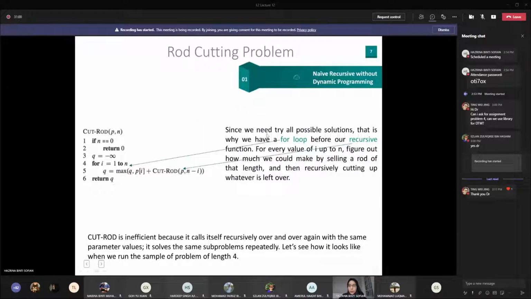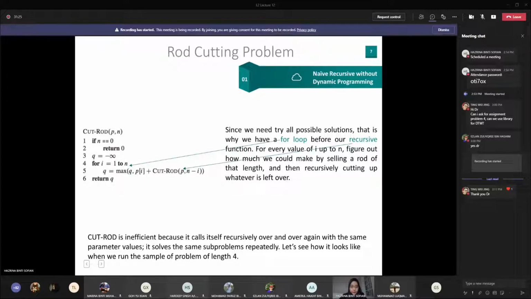So since we need to try all possible solutions, that is why we have a for loop before the recursive function. For every value of i up to n, figure out how much we could make by selling a rod of that length and recursively cutting out whatever is left. Okay.